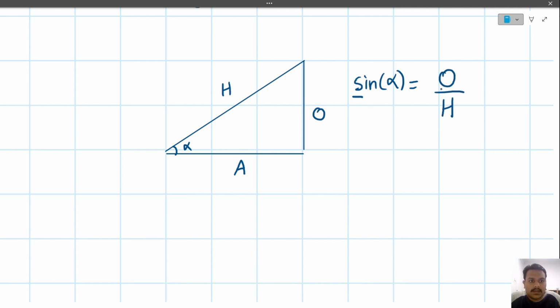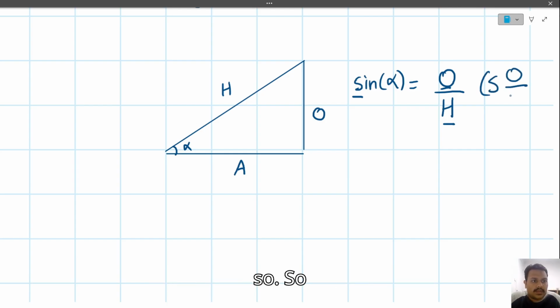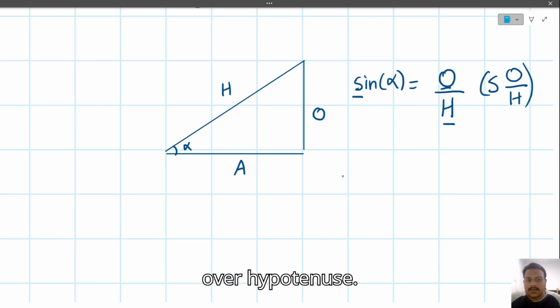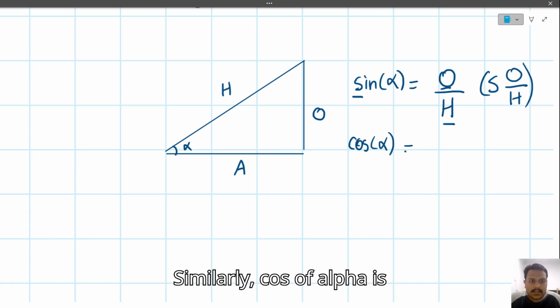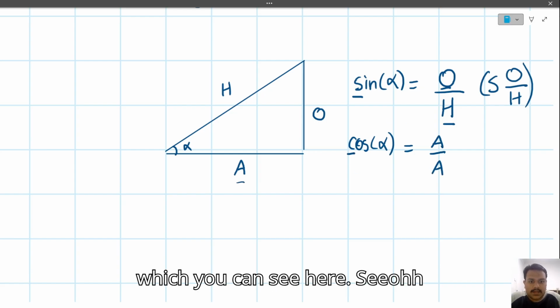In other words, SOH. So you should remember SOH: sine is opposite over hypotenuse. Similarly, cos of alpha is given as adjacent over hypotenuse, which you can see here.